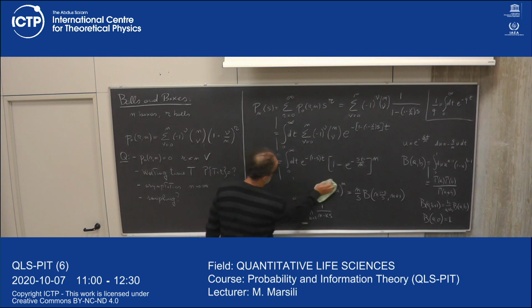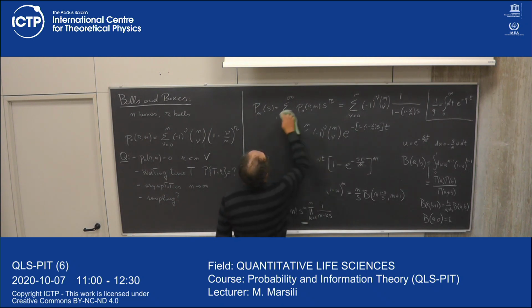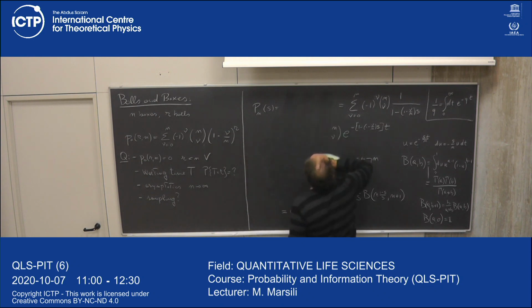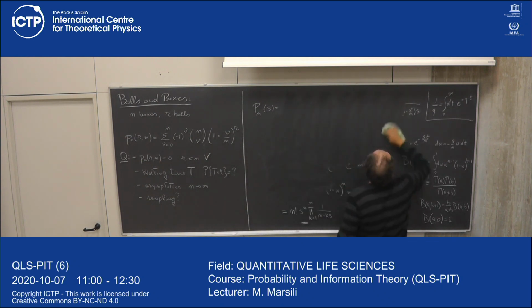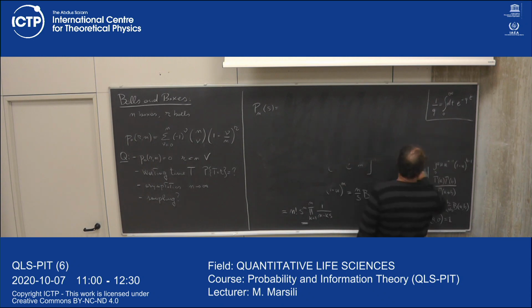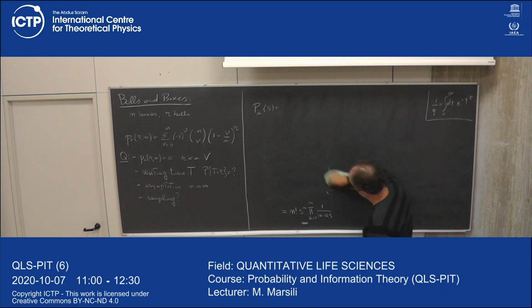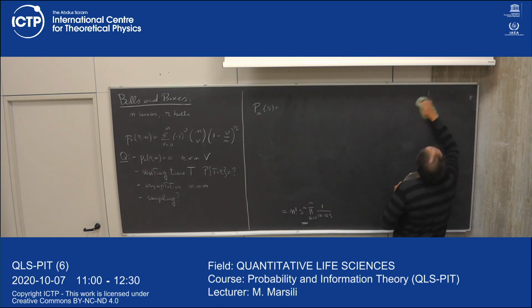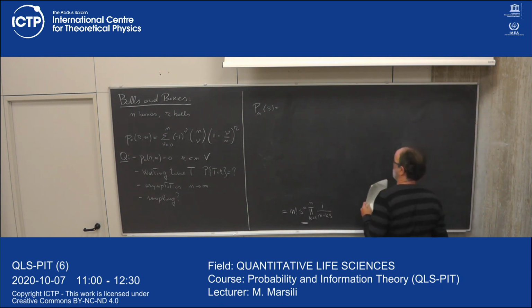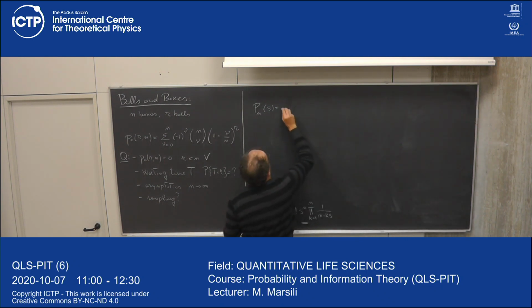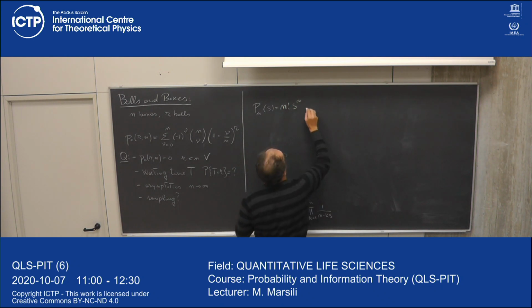So let me rewrite this as n factorial s to the n, product k from 1 to n of 1 over n minus k times s.